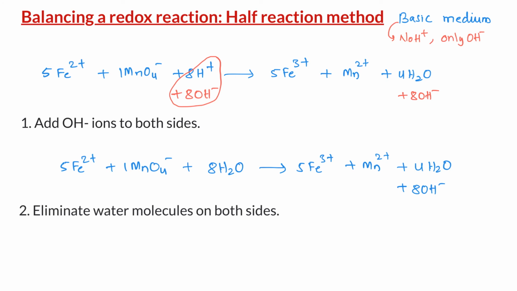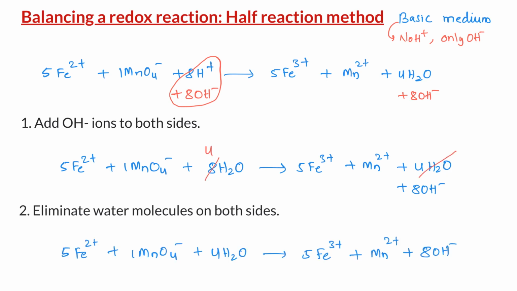If we look at the above equation, we have 8 water molecules on the reactant side and 4 water molecules on the product side. So we can cancel 4 water molecules on both sides. And this is the balanced redox reaction in basic medium.